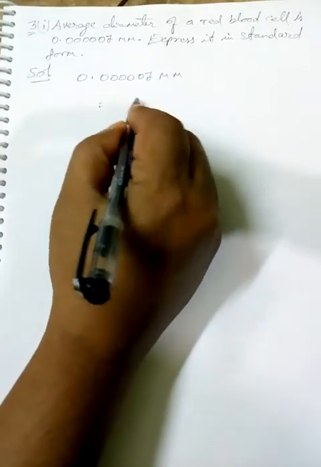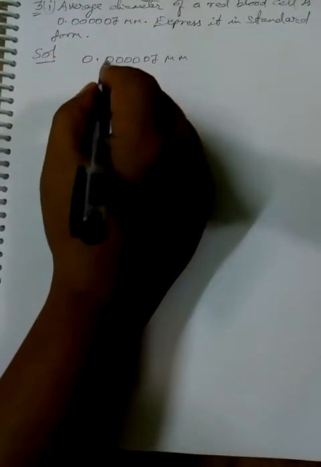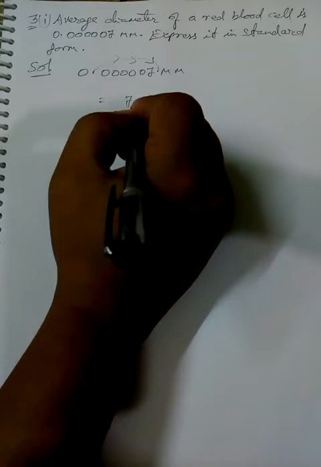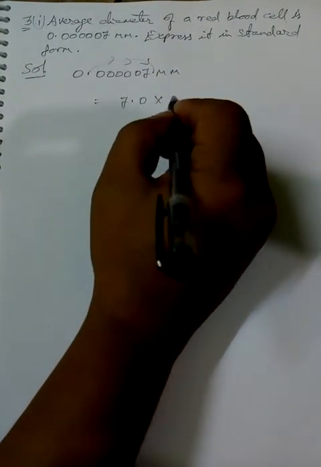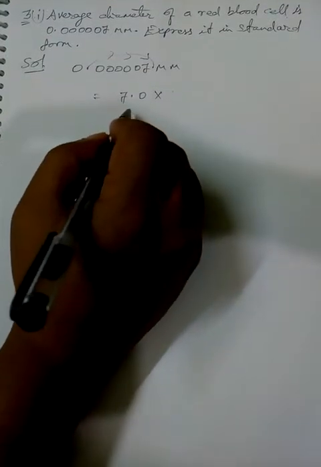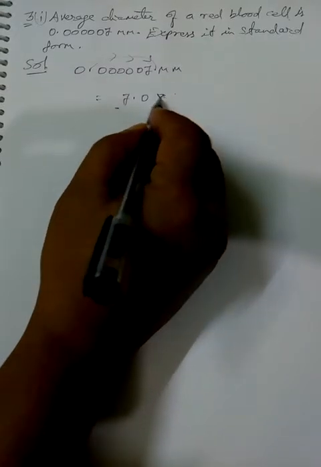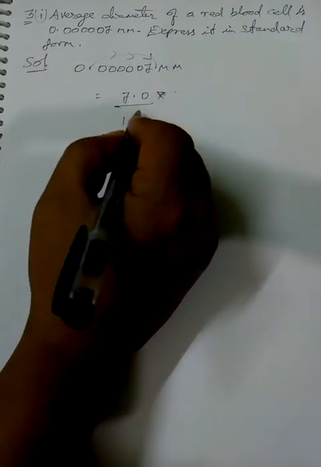Then write it in this way. Move the decimal place from here to this place. If you move this to this place, it will be 7.0 upon, not here, upon 10 raised to the power 1, 2, 3, 4, 5, 6.